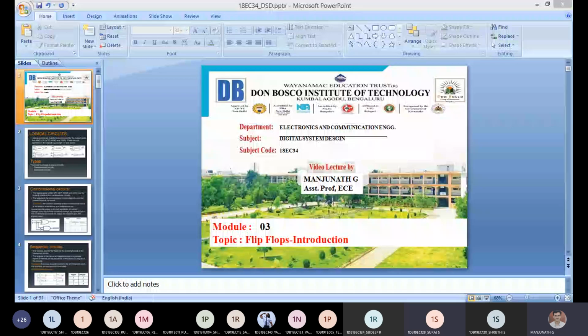It depends on previous input. Along with the present input, it depends upon the previous output also. We gave the example of flip-flops and latches. You can see the screen, right? Flip-flops and latches are the best example of a sequential circuit. The output of the circuit depends upon the present as well as the previous output.